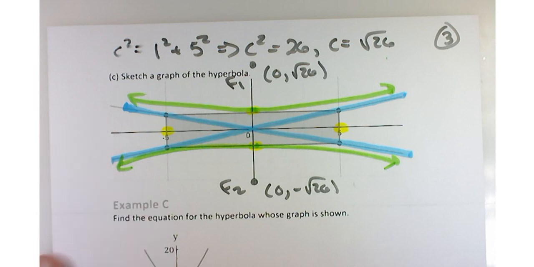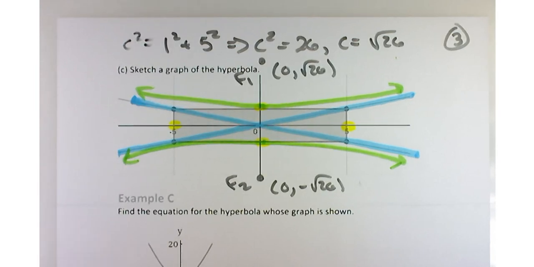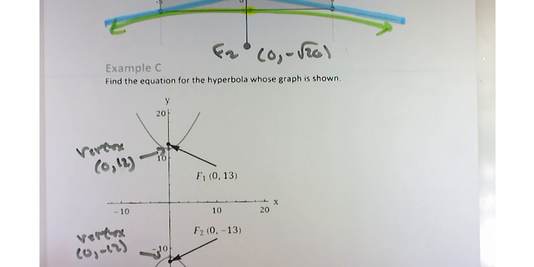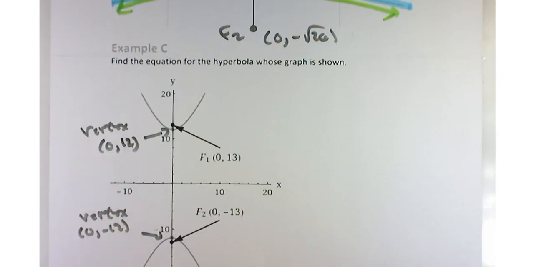Let's stick on this page and do one in a little bit of a different direction. It's this one, where you're given a little bit of information about a hyperbola, and you're asked to derive its equation. So we're actually going to work backwards in this one.